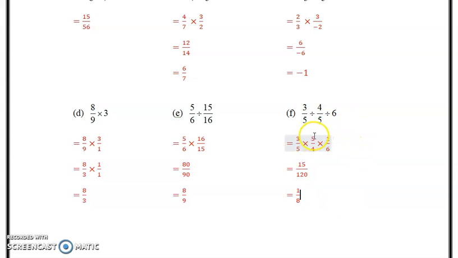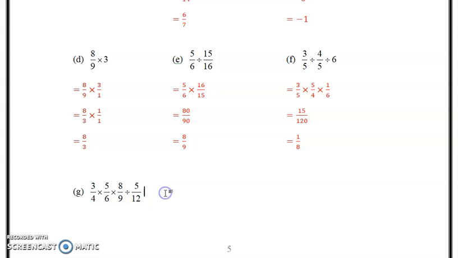And again, some people recognize the 5 divides by the 5 here, so that would be 1 over 1. Fine method. That would give you 3 over 24, which would simplify to 1/8. At the end of the day, it doesn't matter how you do this or how you were taught. Again, different methods, same result. Just remember we need to get 1/8. So you could try it a different way if you prefer, completely up to yourself.